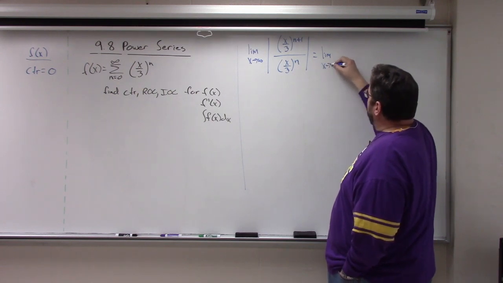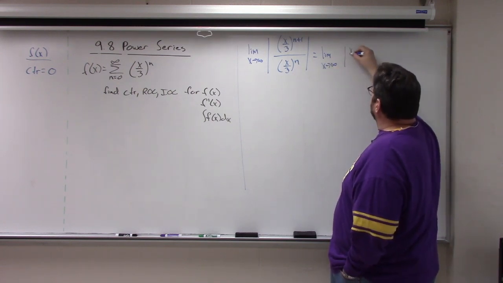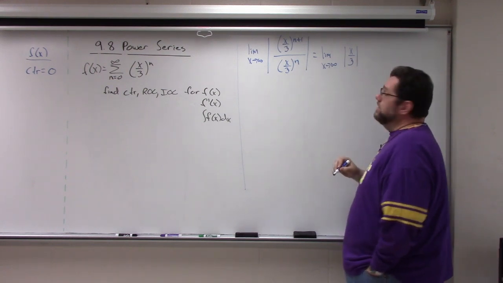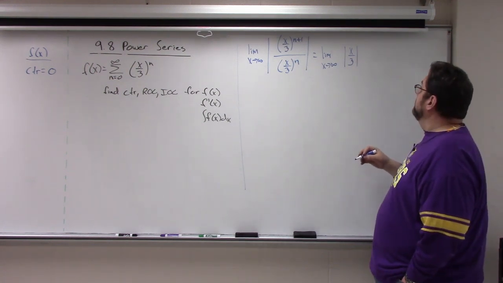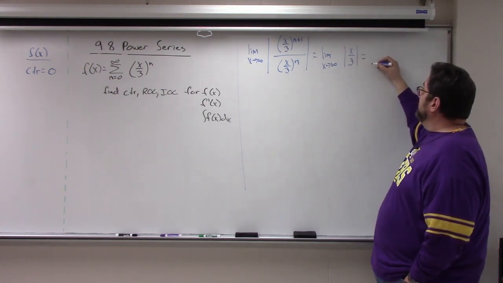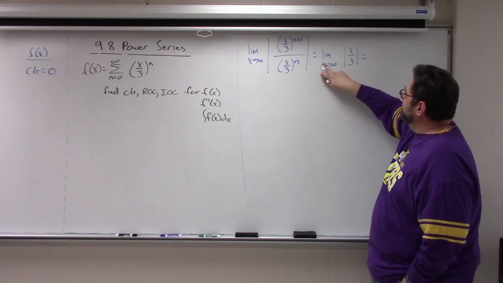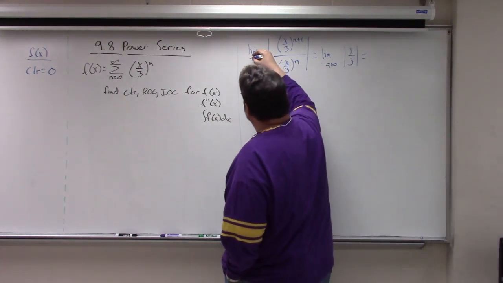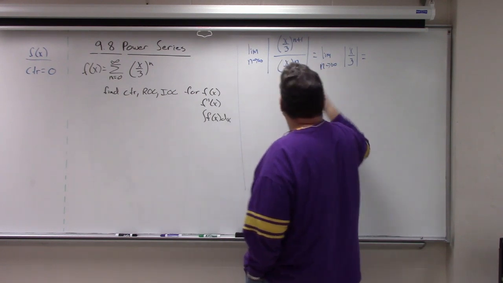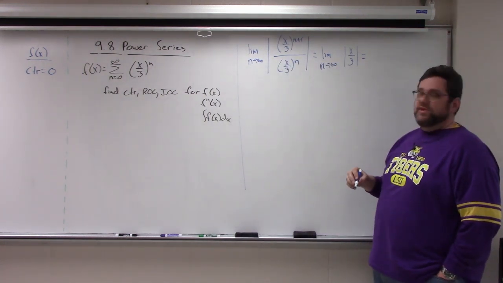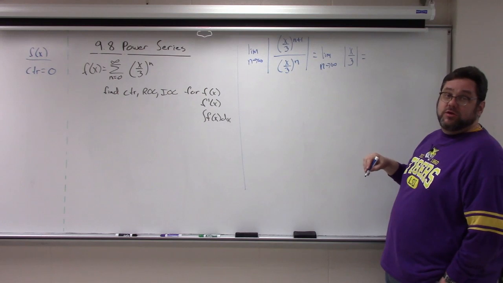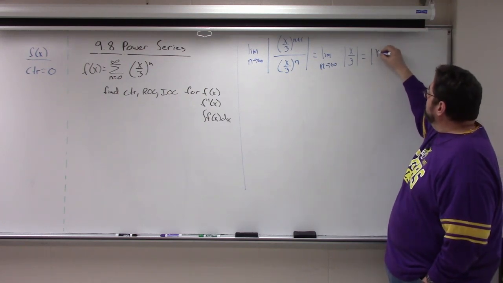That's just going to be the limit of the absolute value of x over 3, which is just going to be, well, I'm sorry, these limits are as n goes to infinity. That would have really changed things. Yes, as n goes to infinity, does this change at all? No, there's no n left, so this is just x over 3.